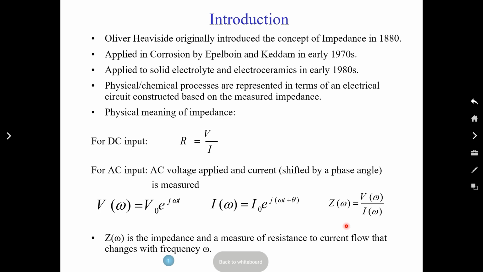If they match, then you know that you have captured everything. If there is a difference between the measured DC resistance and the total from the AC data, that means the frequency range you used did not pick up one of the relaxation behaviors. So that's the test of whether you have captured everything.